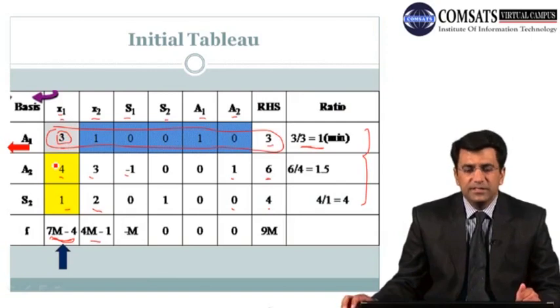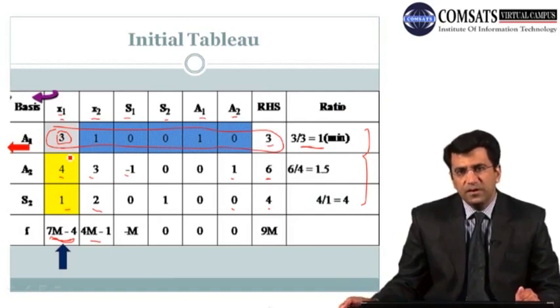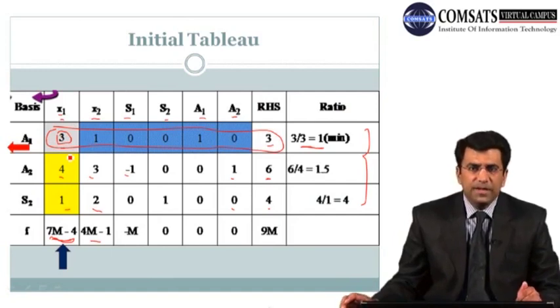It is meant that when we reformulate our table, we will replace the leaving variable A1 by the entering variable x1. So again, in this particular case, we have identified our pivot column, pivot row, pivot number, the leaving variable, and the entering variable.